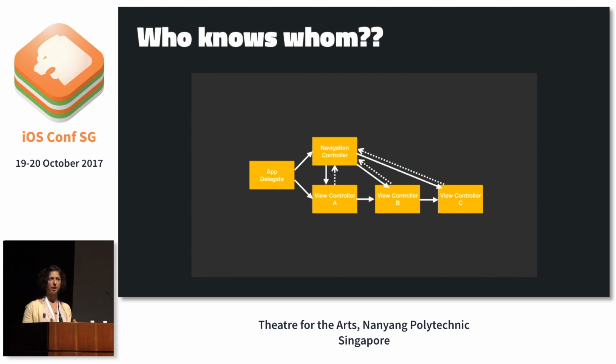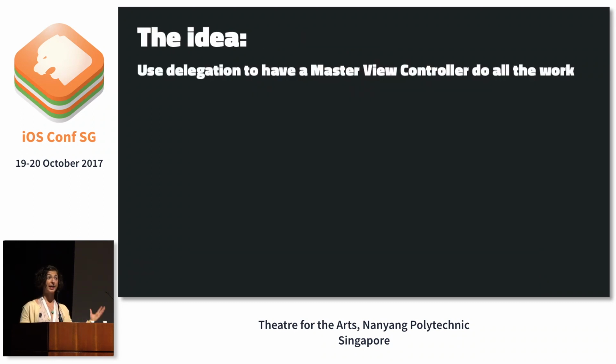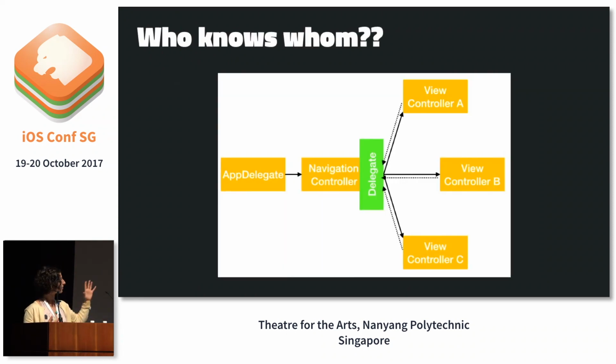We want to make sure that our app doesn't have that kind of net-like structure. And so we're going to try to delegate away and create a cleaner flow. The flow we wanted is something a little more like this, where we have something linear, and then we have a delegate that essentially is in charge of all the navigation for us. The only thing each view controller has to know about is that it has this delegate, and it can talk to it, and the delegate will take care of everything else.